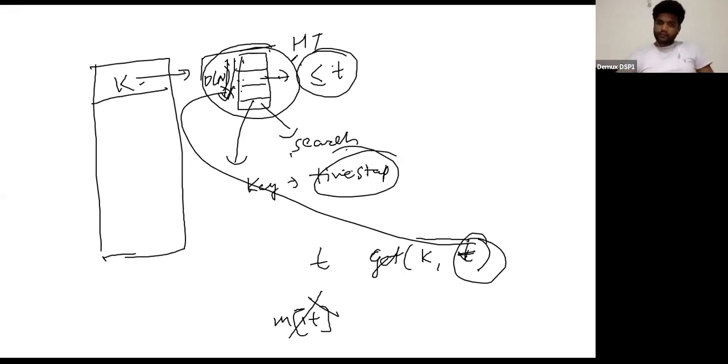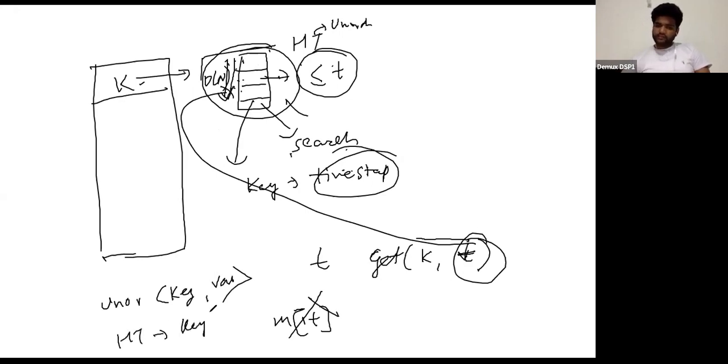That's why hash tables are called unordered search structures. Underlying, they don't have any ordering of the keys. Hash tables are basically key value pairs, right? They are just there.